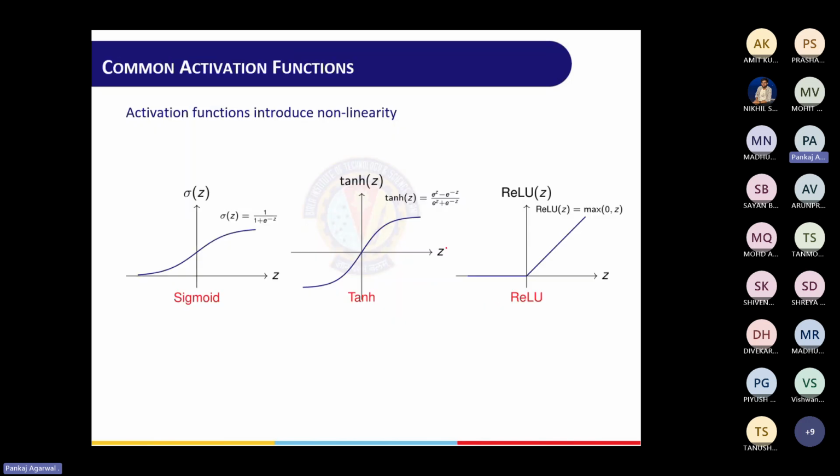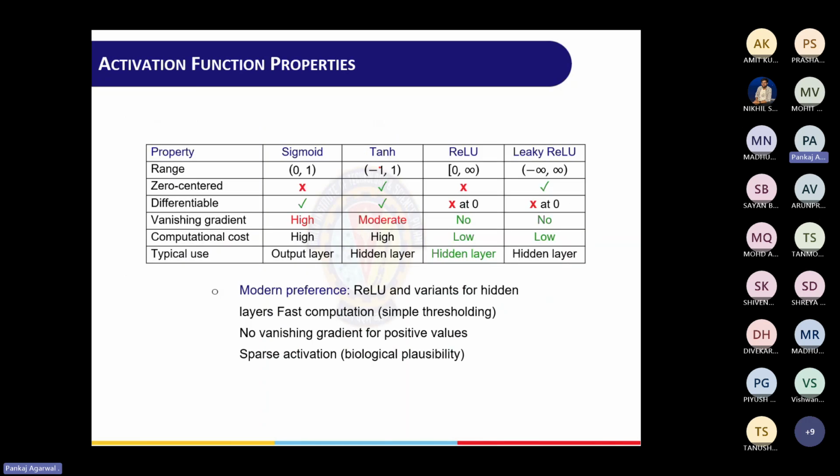And we talked about these activation functions that help introduce non-linearity, right? This gives you a little understanding of the different activation functions, the kind of ranges they give us. And I also talked about leaky ReLU, if you remember.